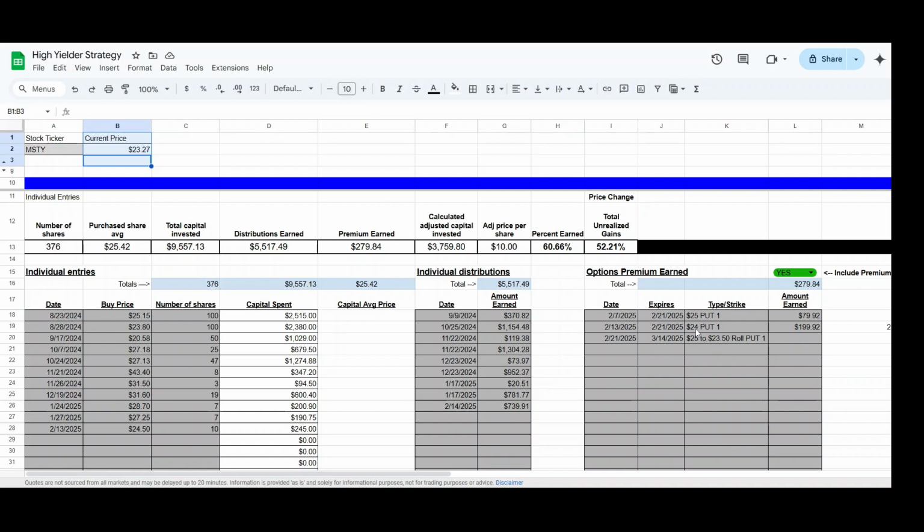Now for the $24 put, which also expires today, what I thought about doing is going ahead and letting it get assigned at $24, because the current price is $23.27 and buying those shares at $24 is really close to that price. And I did earn $200, or $2 per share, for selling that contract.